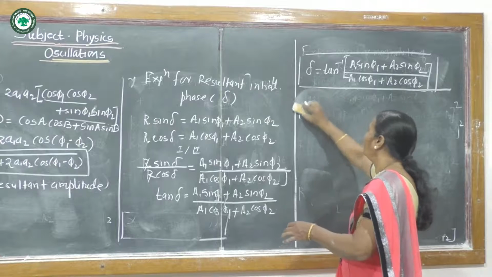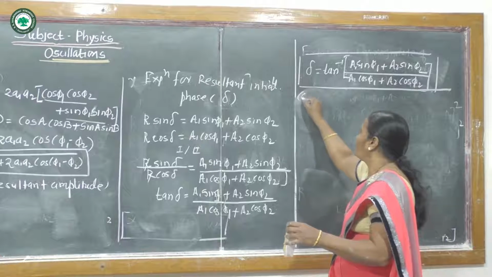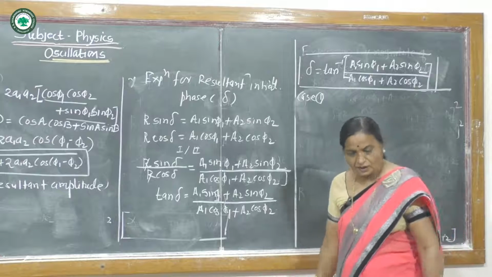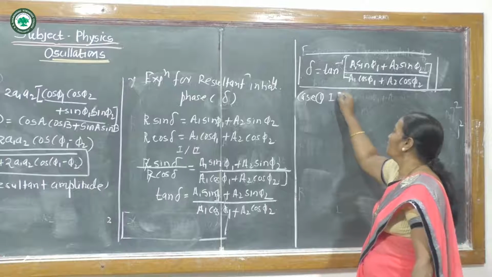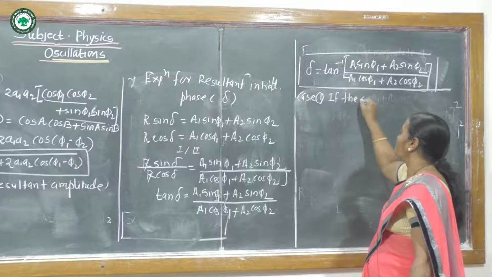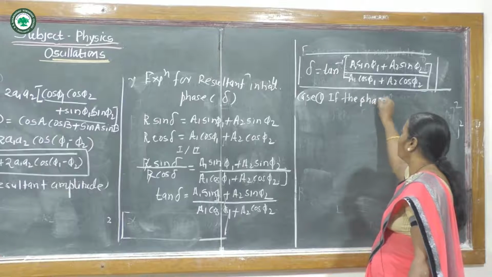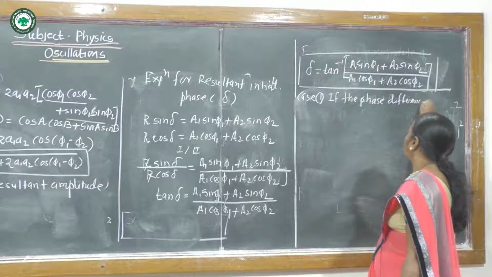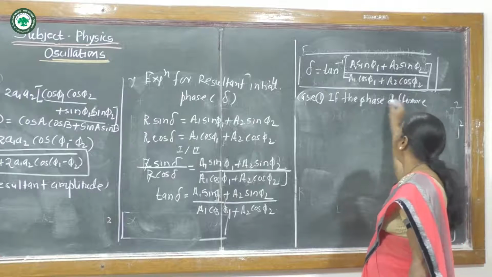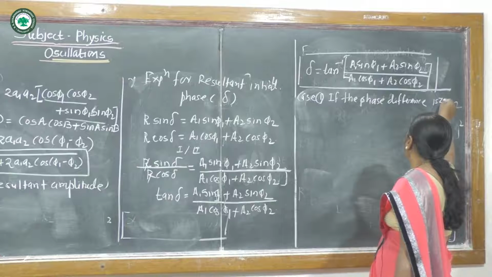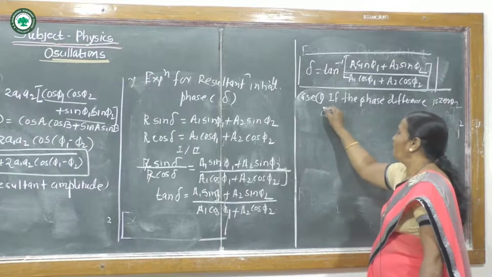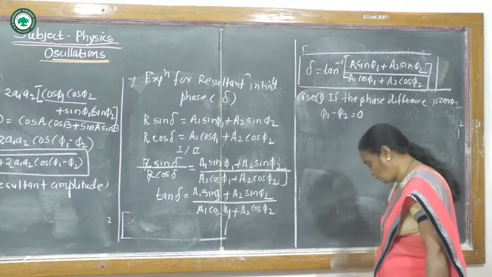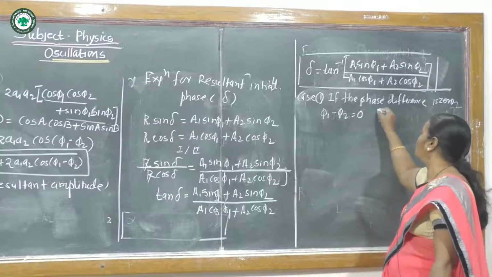Case number 1: suppose the phase difference is 0, that is, phi 1 minus phi 2 is equal to 0, and cos 0 is equal to 1.